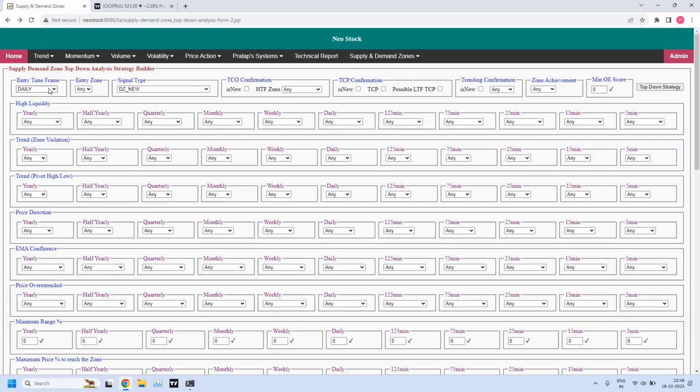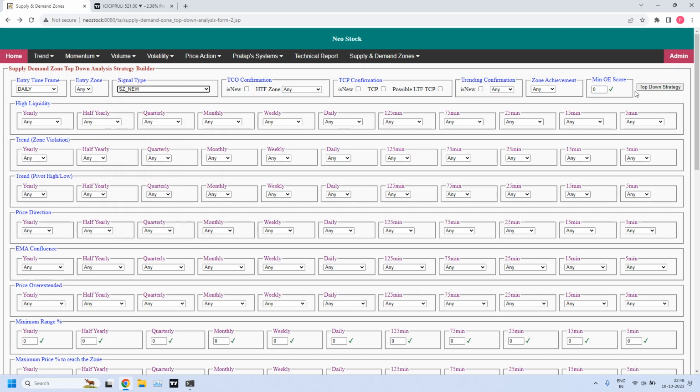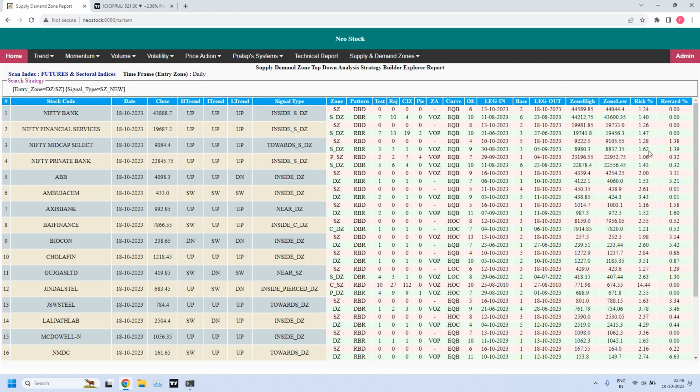So let's go back. For entry time frame daily, let us find the newly created supply zones. So this is the filtered list. We have some good number of supply zones created today.